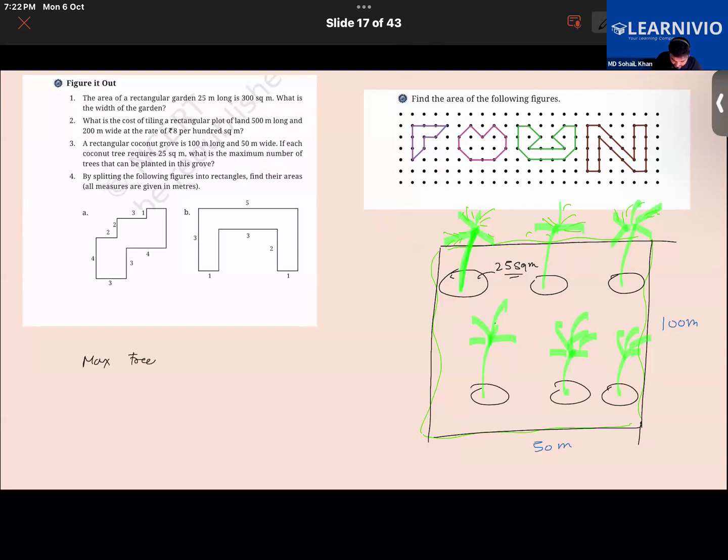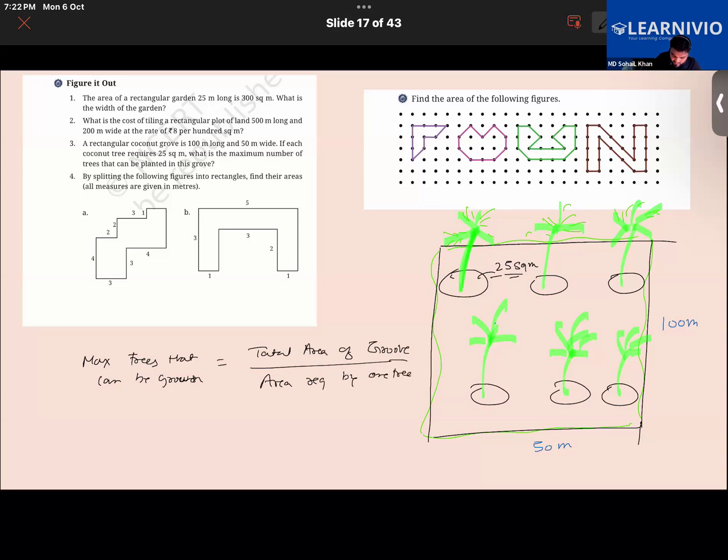So in this question, the maximum trees that can be grown will be equal to the total area of the grove divided by the area required by one tree.